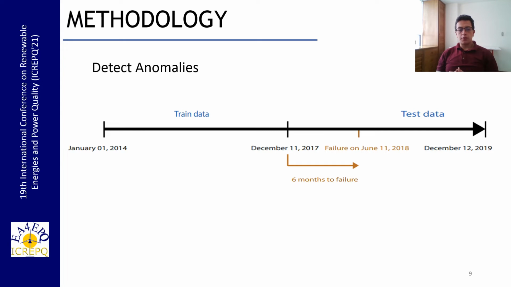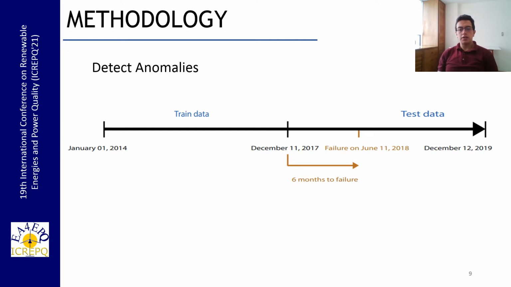We have a lot of data from January 1, 2014 to December 12, 2019. This is data recorded every 10 minutes. And we split this data in two parts. The first one is the training data, which contains only healthy, normal behavior.